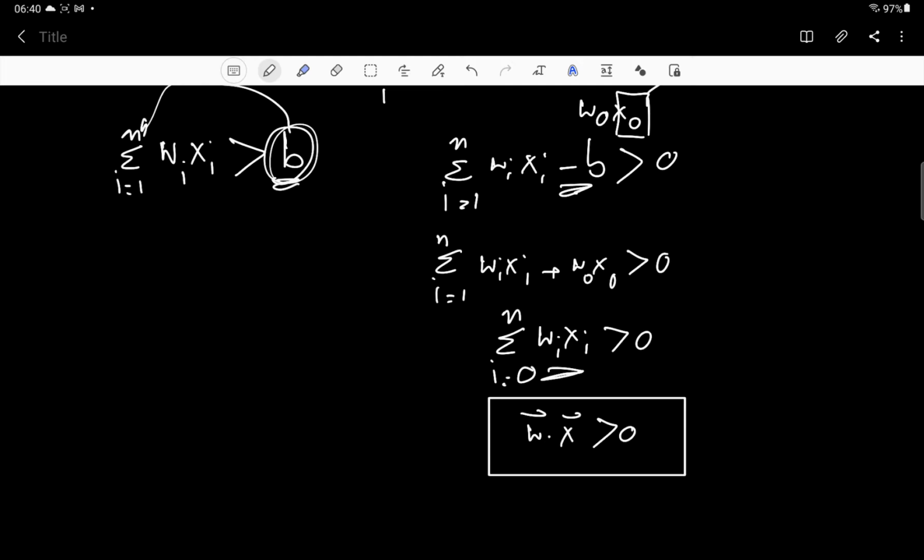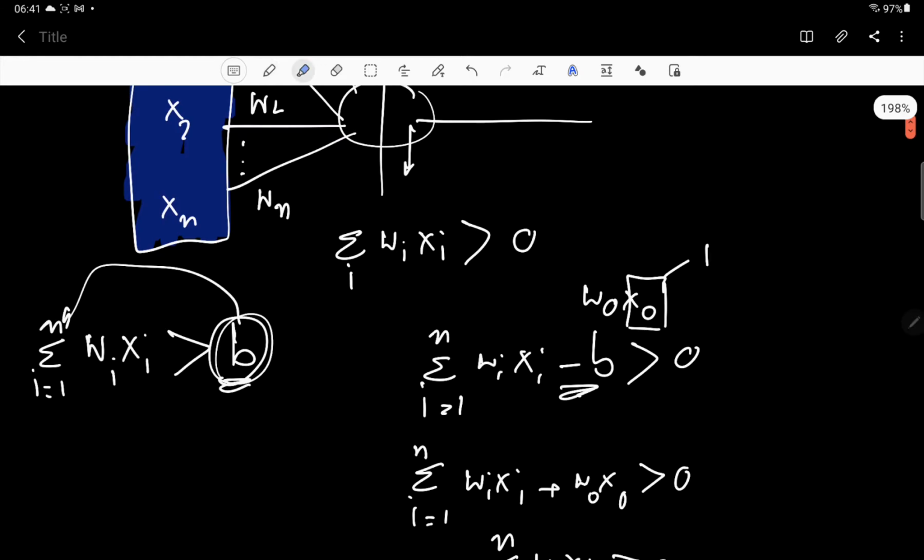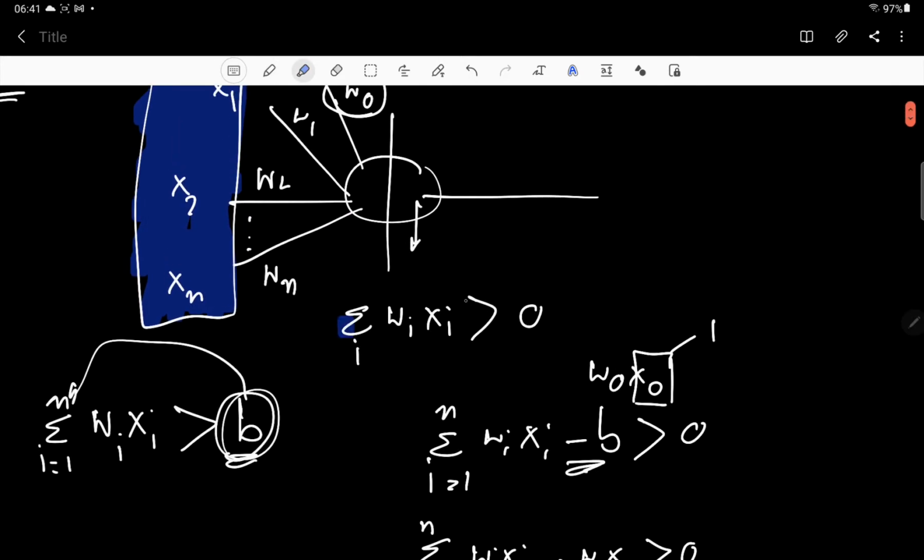Threshold is here. Linear is here, this part, wixi. So we'll have some reason to use the equation in the previous videos to train this kind of perceptron. I'll tell you in the next video.